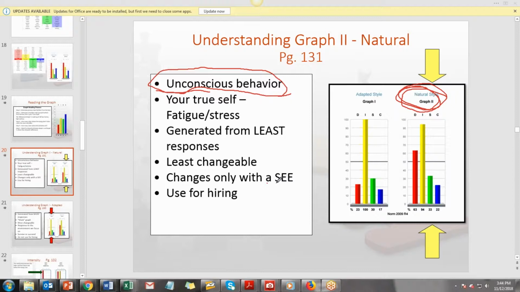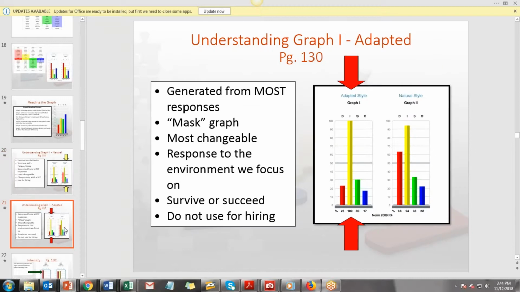And as I said here, it only changes with a significant emotional event in your life, and we only use that for hiring. And then the points on graph 1 are generated from the most responses, but this is the mask you put on when you go to work, like Phantom of the Opera, who had this mask covering the ugly part of his face.